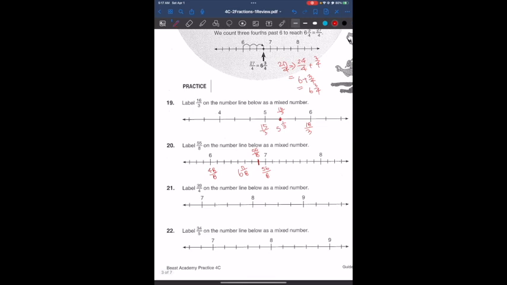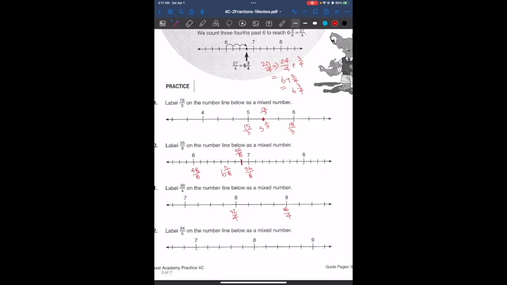Next, we're labeling 39 over 4. And so 8 is 32 over 4, and 9 is 36 over 4. So 39 over 4 is greater than 9.